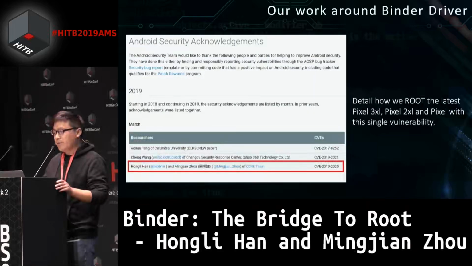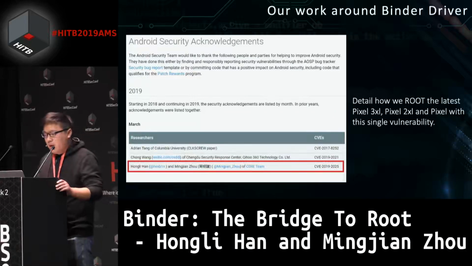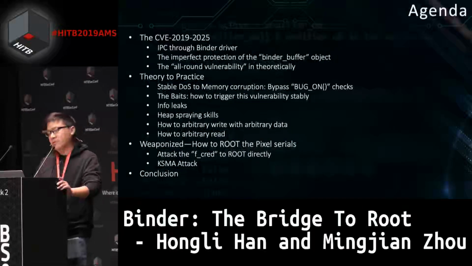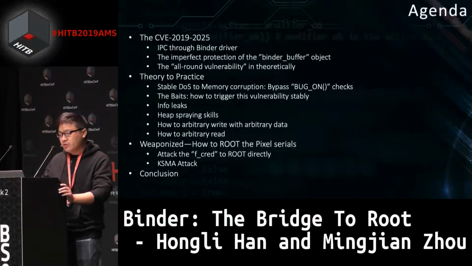Especially the CVE 2025. With this single vulnerability, we rooted the latest Pixel 3 XL. As far as we know, it's the first time the Pixel 3 XL has been rooted. Next, I would like to introduce the root cause of CVE 2025.